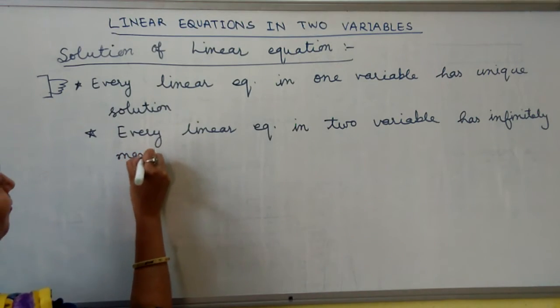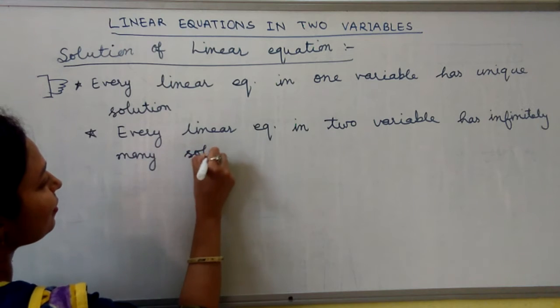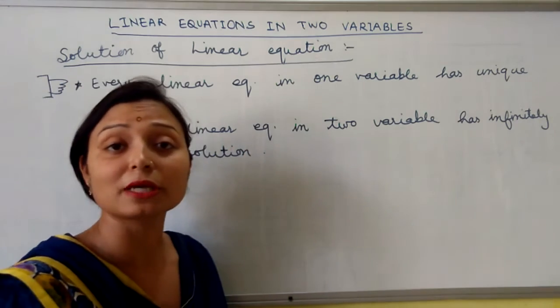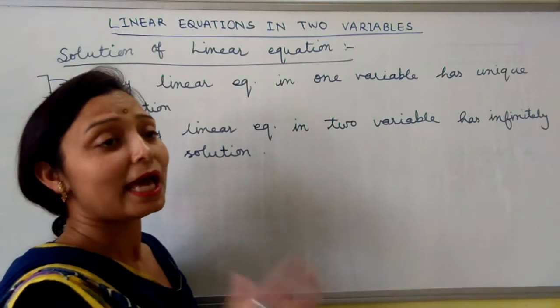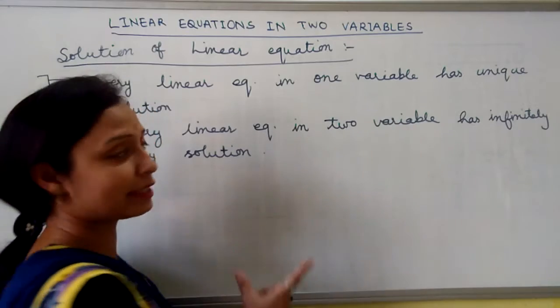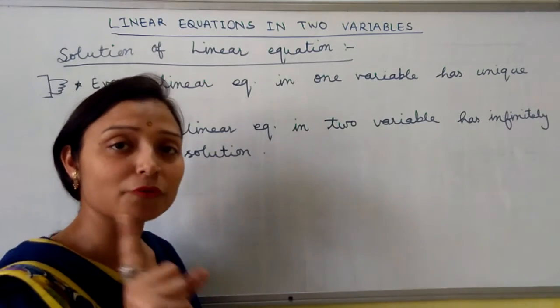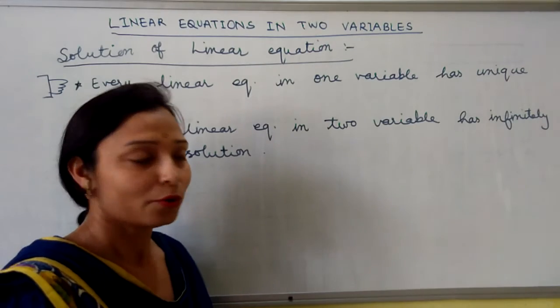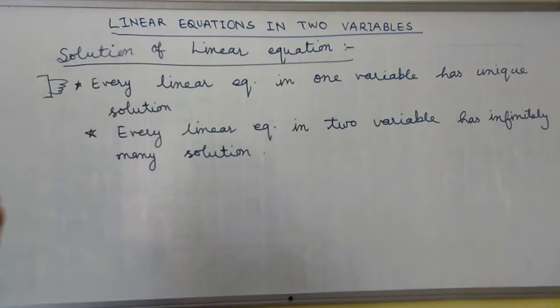Okay, many solutions. So how can we find infinitely many solutions? By using an example of a linear equation, how can we find these infinitely many solutions? The solution of one variable totally depends on the solution of another. Okay, so I will take the example.